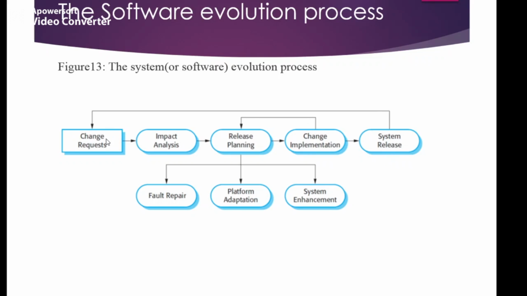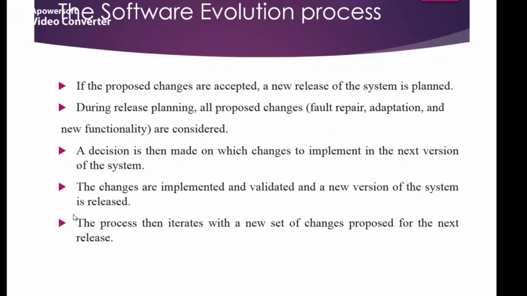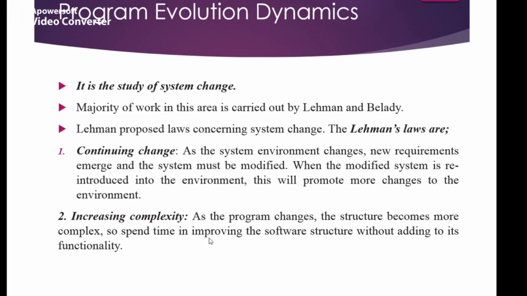So again, the next release continues as per those changes which you have decided to implement. That change request you are considering. So the process then iterates with a new set of changes. This will be a new set of change proposals for the next release.